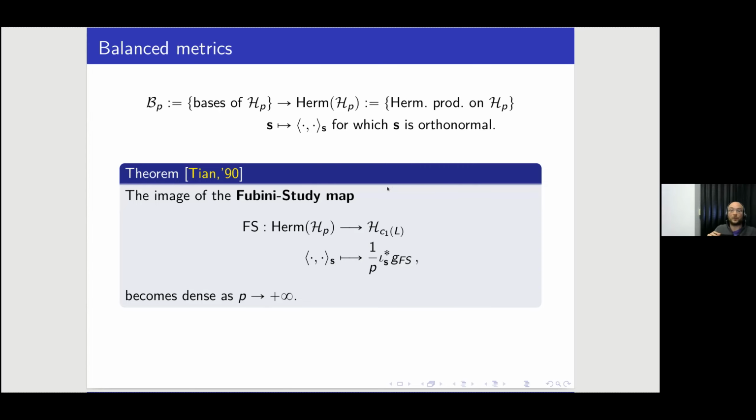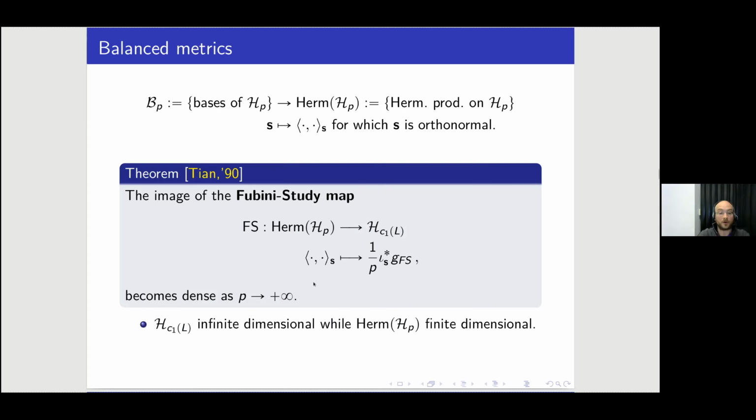So I told you at the beginning that you had a finite-dimensional family of restrictions of Fubini-Study metrics on X. But now with these embeddings, you have more and more Fubini-Study metrics. And the Fubini-Study metrics fill the whole space of Kähler metrics when P tends to infinity, right?